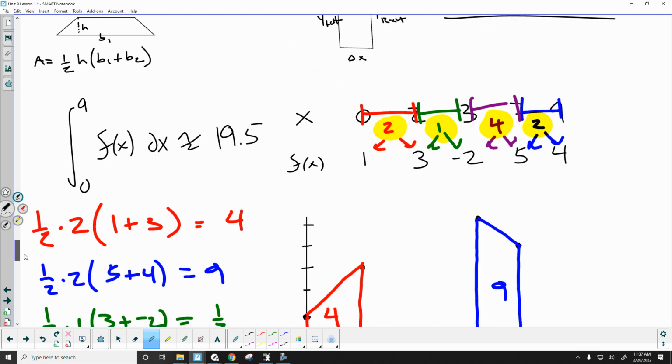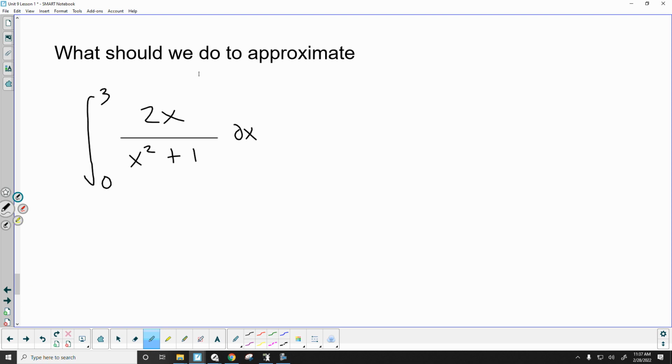All right, let's say this was F prime. What would I get if I found this value? A change in F. Very good, guys. We're getting there.